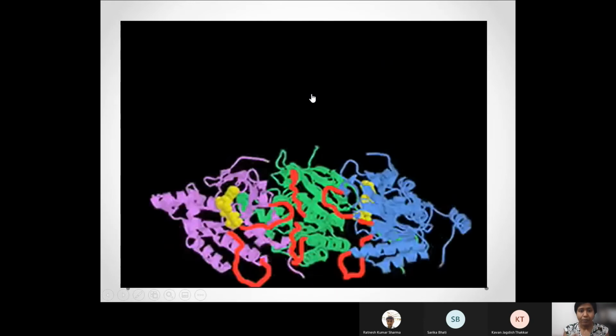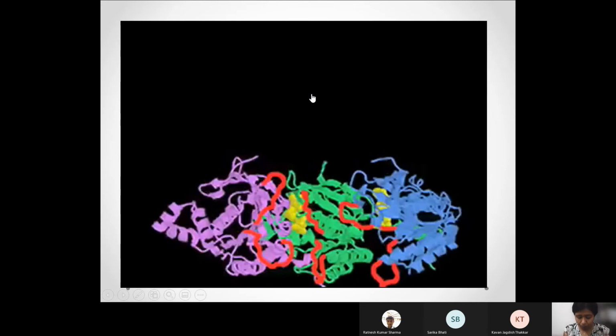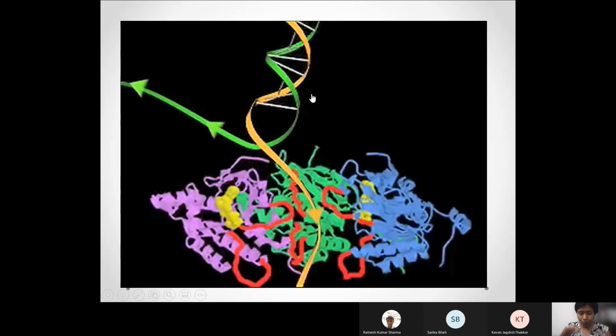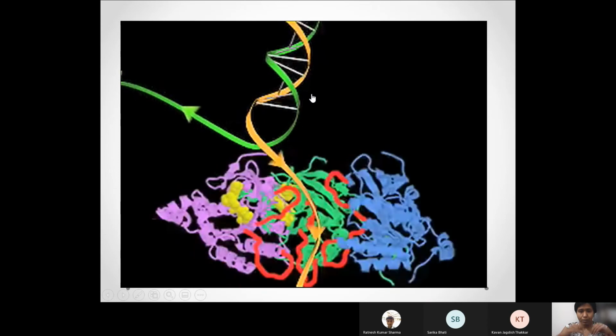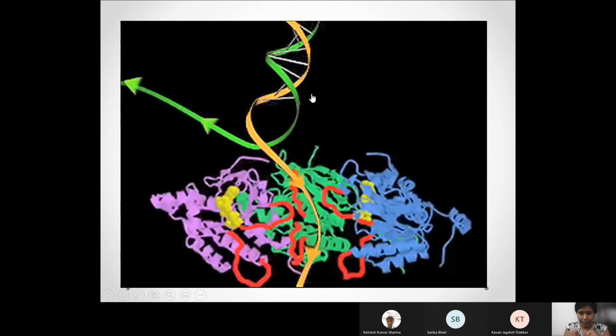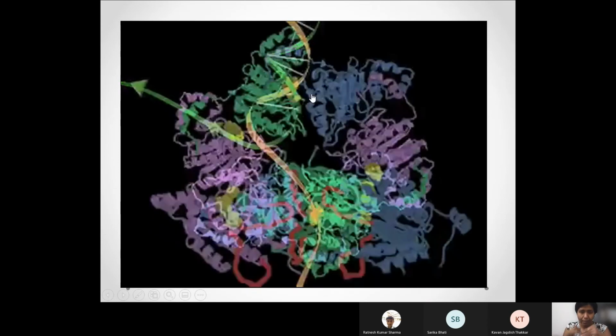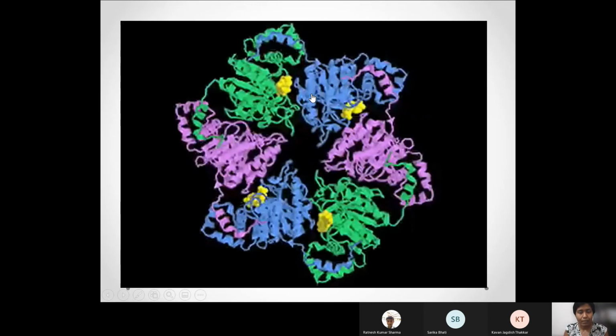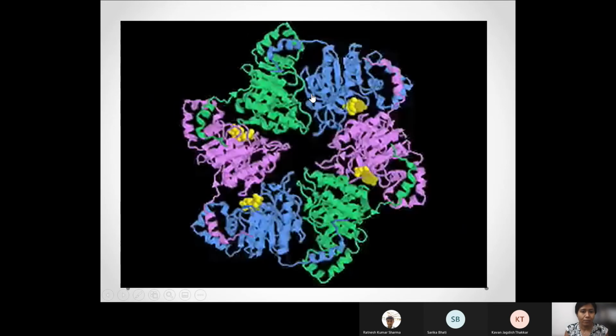If you have a top view on this ring, you would see that the ring is almost dancing and there are different loops coming in contact with the DNA. Essentially, this helps to pull apart the single strands of DNA, causing translocation of DNA.